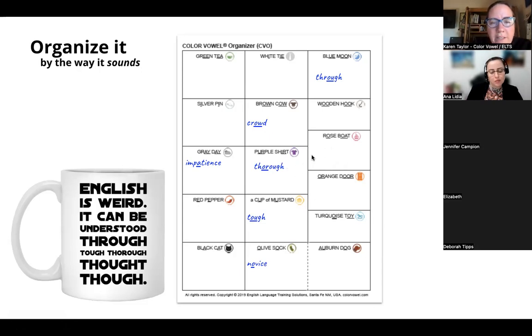And we've organized the chart as well as this organizer so that similar sounds touch one another. So if you look down here, my next word will help me with this idea. Think of the word thought. What color is thought? Olive sock.